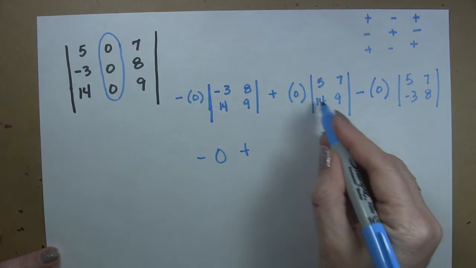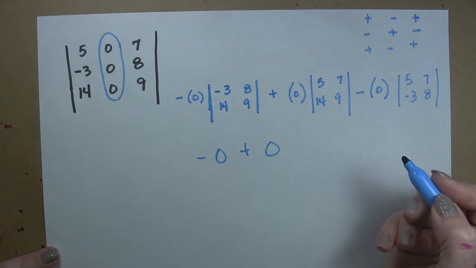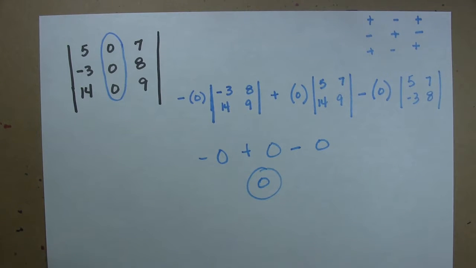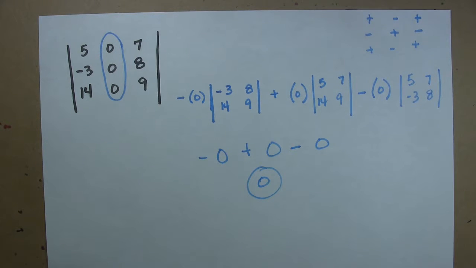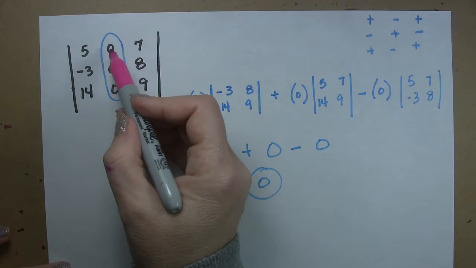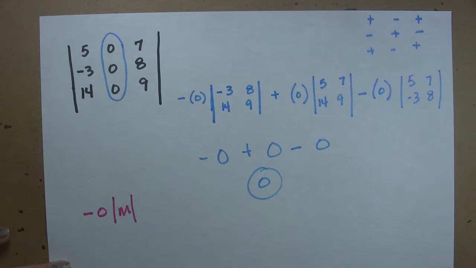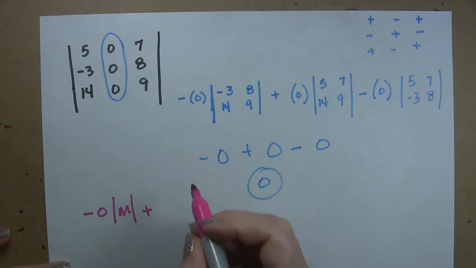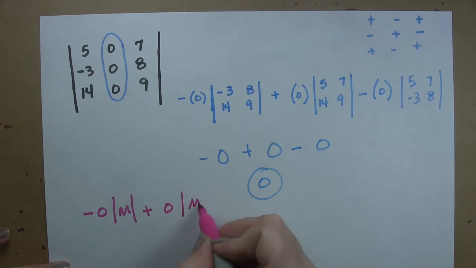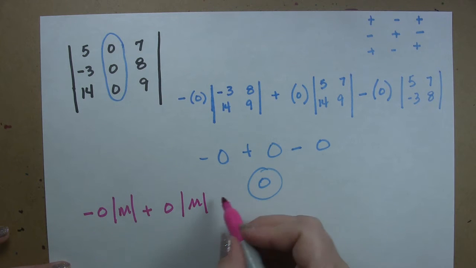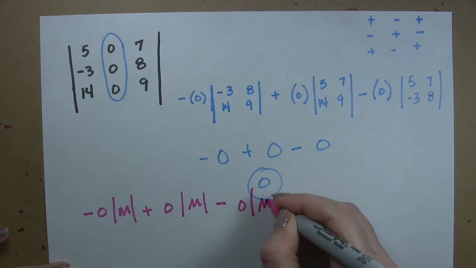This right here becomes 0. This right here becomes 0. My whole answer is 0, and I did it super fast. In fact, if I had wanted to, when I was writing this initially, I could have said negative 0 times its minor, and who cares what that is, because it's going to be 0 anyway, plus 0 times its minor, and again, we don't care what the minor is because we're multiplying it by 0, minus 0 times its minor.